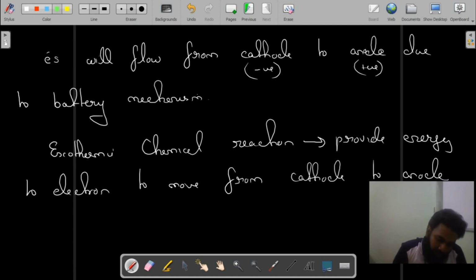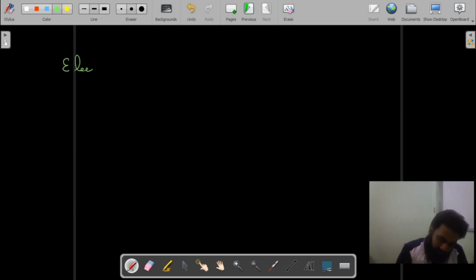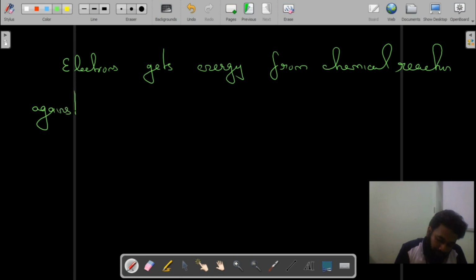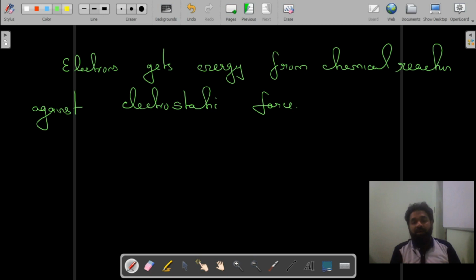So in short, we can say electrons get energy from the chemical reaction against the electrostatic force, because the electrostatic force is the force of attraction on the electron by the cathode, because the cathode is positively charged.